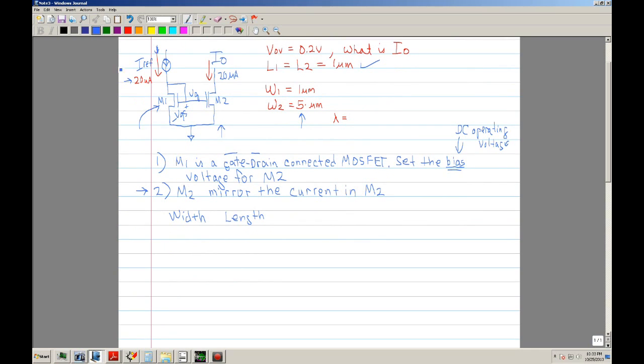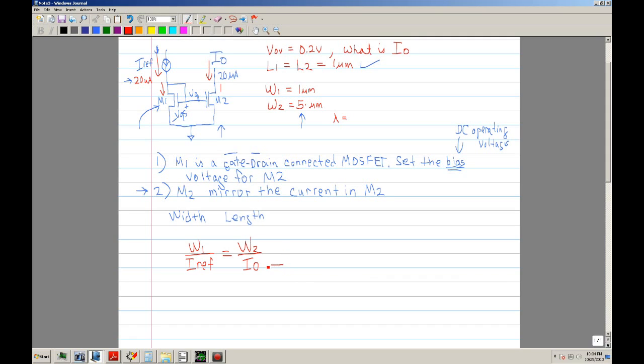What you can do is set up a relationship. You can say that the width of MOSFET 1 divided by Iref, which is the current flowing through M1, is equal to the width of M2 divided by Iout.